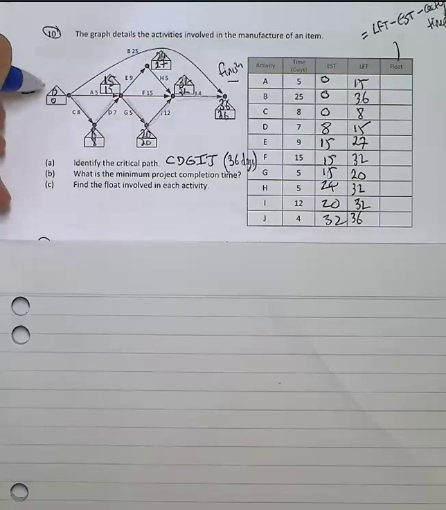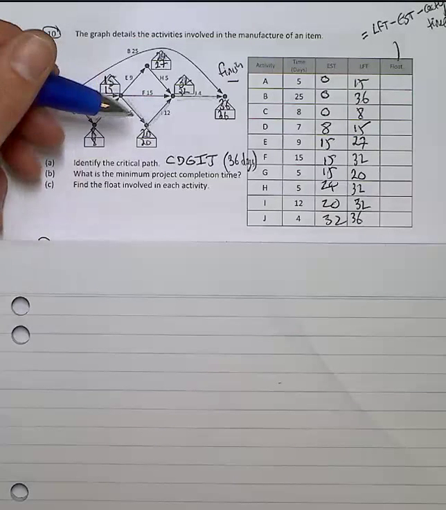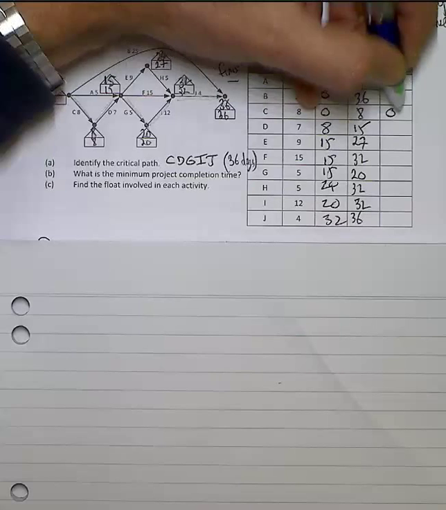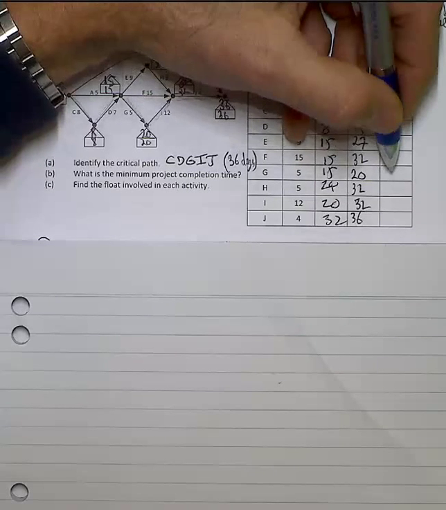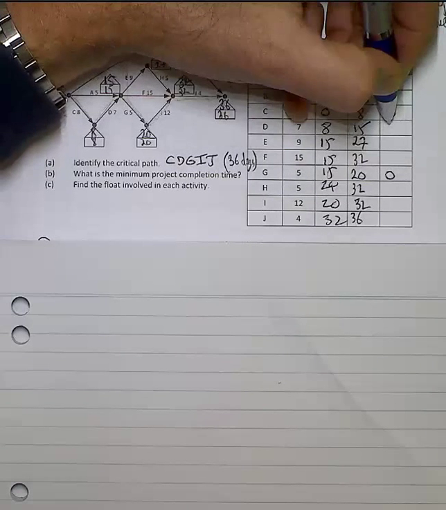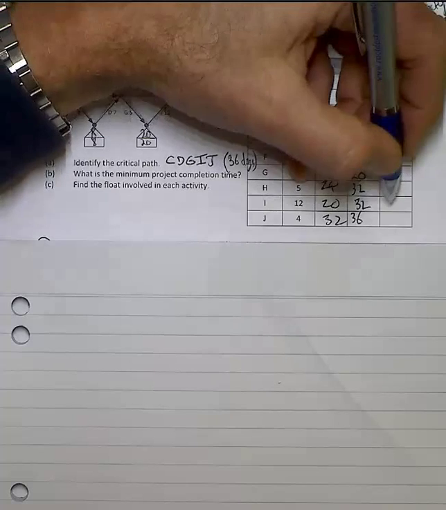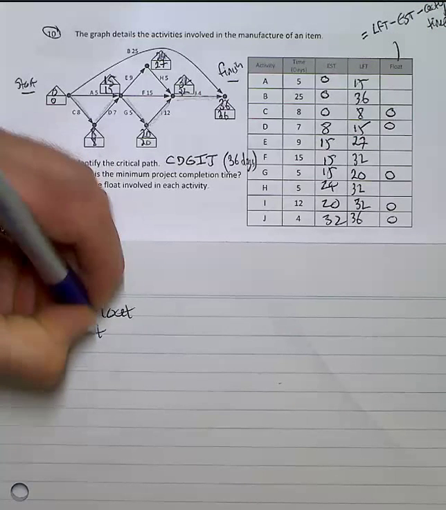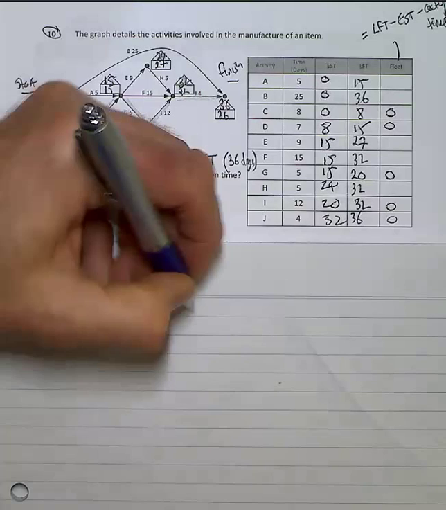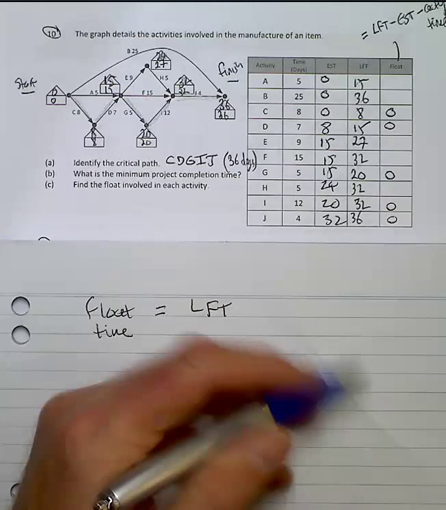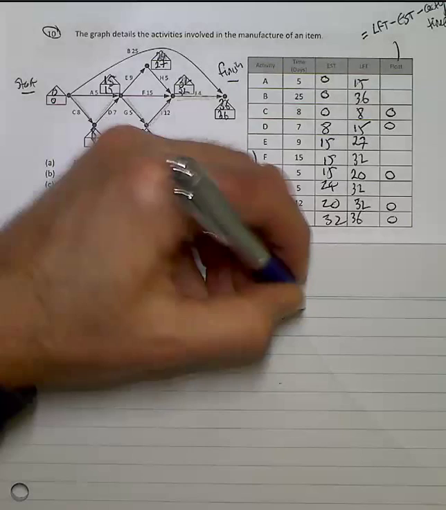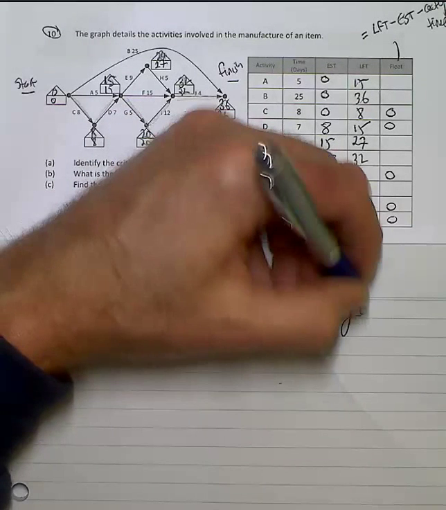Now, by default, all the activities on the critical path are going to have a 0 float time. So I'll just do that. Now, the float time is equal to the latest finishing time. So I've got to scan ahead to the next item, take away the earliest start time, take away the activity time.